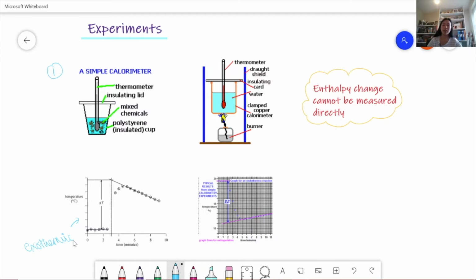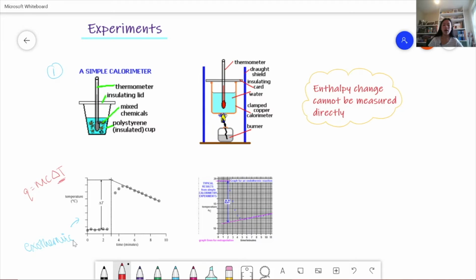So we extrapolate it back because these ones are inaccurate because the temperature is still rising. So we want it where the temperature is at its highest. So we extrapolate this graph back to find this change in temperature at the beginning, and this is what we use in the equation Q equals mc delta T. So here is where we use this value.